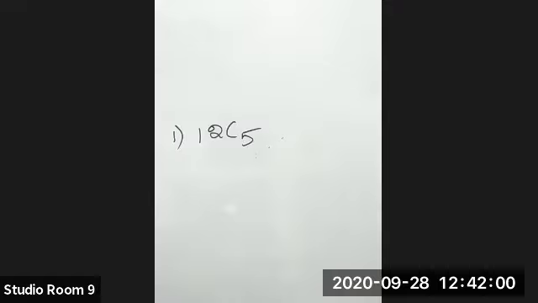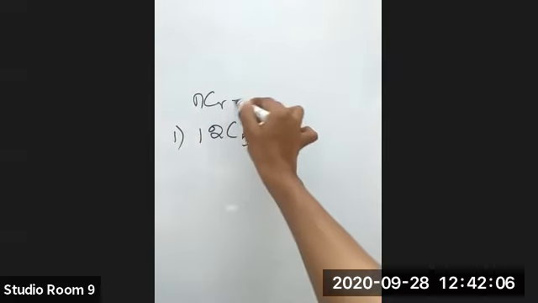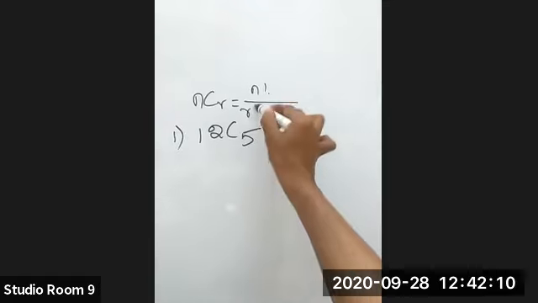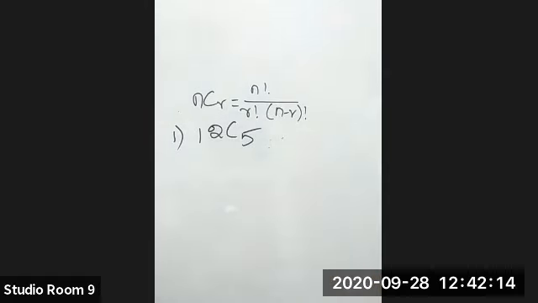So what is the answer? How will you do this one? What's the definition of NCR? NCR is defined as n factorial by r factorial into n minus r factorial.